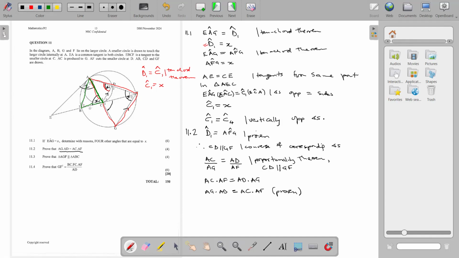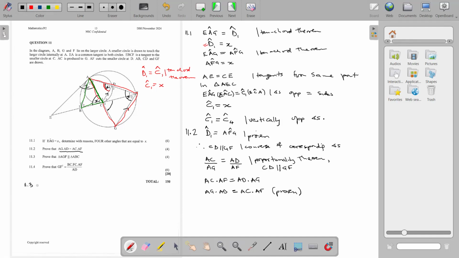So if we check in those two triangles, we already have an angle AFG. That is question 11.3.